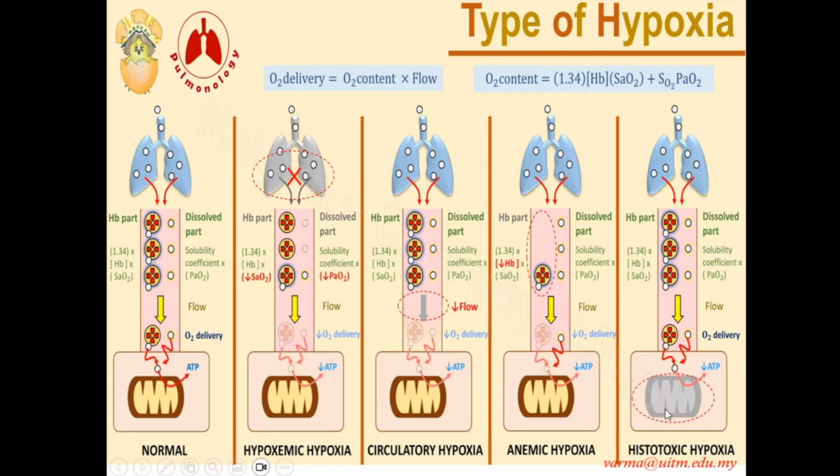But the problem lies at the cellular level. There is a problem in the electron transport chain, which cannot utilize the oxygen that is being delivered. Thus, the cell undergoes anaerobic respiration because whatever oxygen is delivered can't be utilized. They can't go through the electron transport chain. Oxidative phosphorylation fails. That is histotoxic hypoxia.